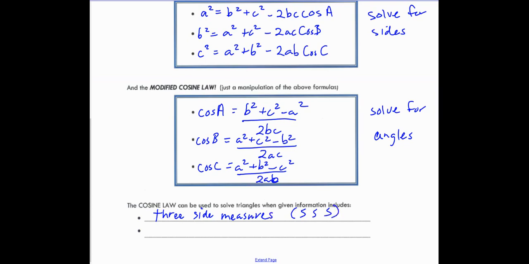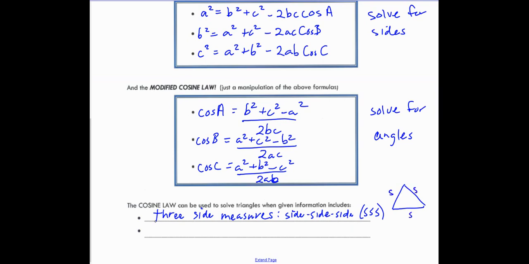Okay, SSS. So in that example, we're given side, side, side.